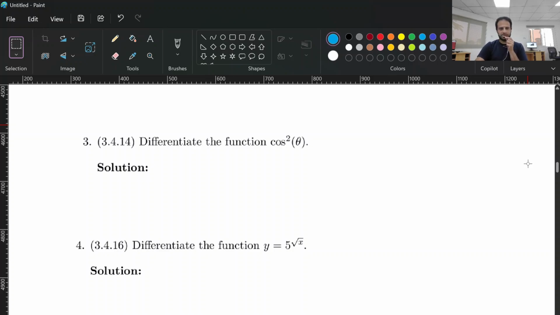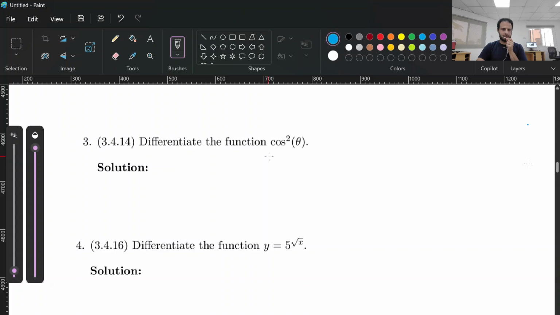Yes, Ajint. Differentiate cosine squared theta. Do you know how to do it?